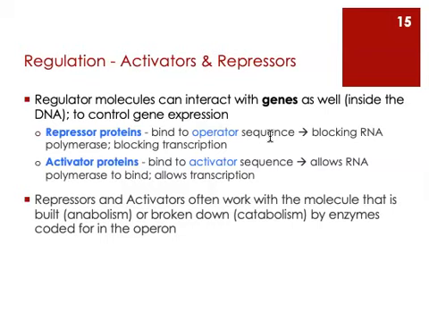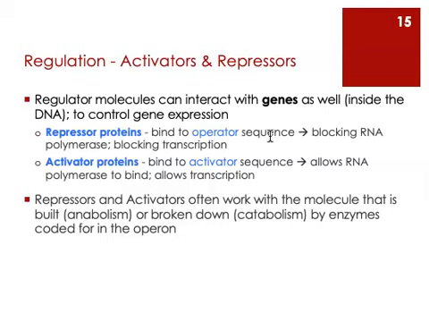When activator proteins bind to activator sites, they will actually make it easier for the RNA polymerase enzyme to come in and land on the promoter. They're going to actually enhance the ability of the RNA polymerase enzyme to land on and bind to the promoter and begin transcription.